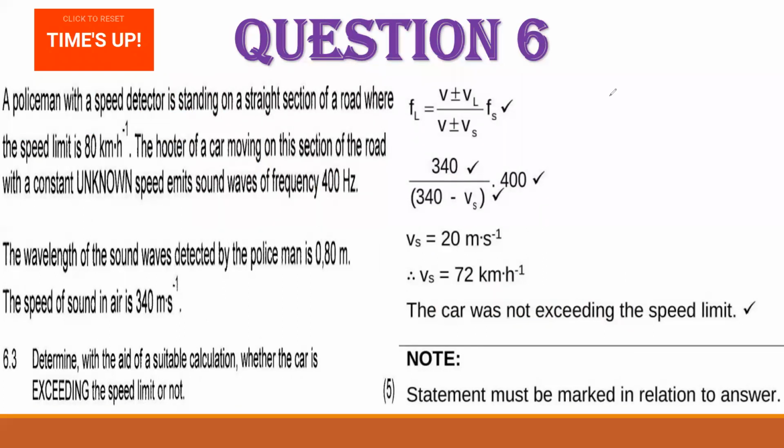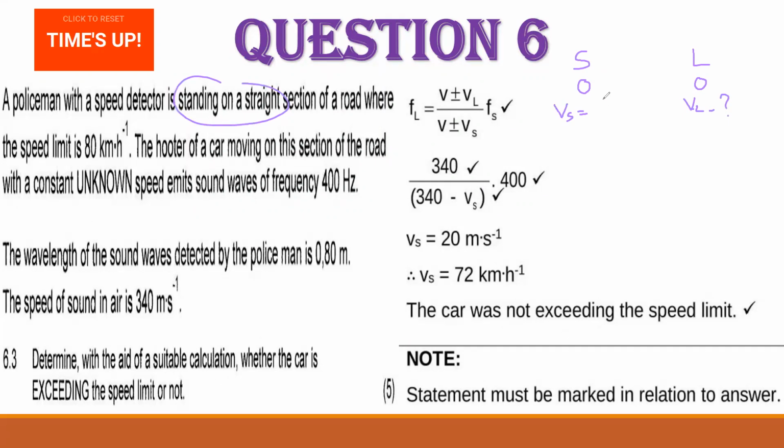So for the Doppler effect, we are using two important things. This is the source of sound, we are saying S, source of sound. This is the listener. What we know for this question, VL, we are going to calculate. Okay, we don't know that, sorry. VS equals what we heard: the policeman is standing on a straight section.